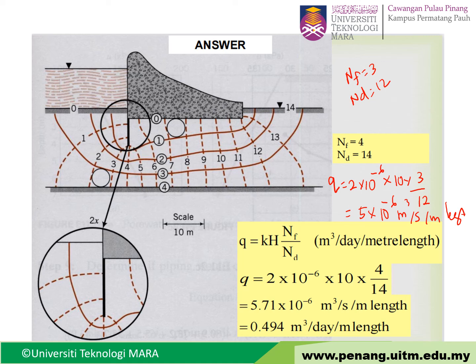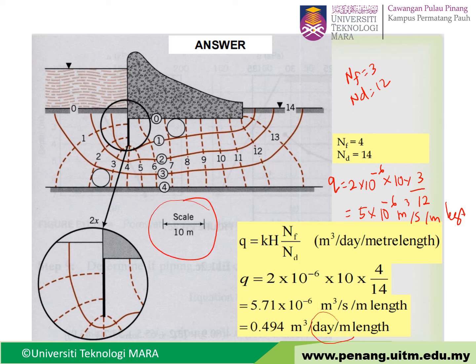So it depends on your manual drawing. And then you have to multiply with 60 times 60 to convert to meter cube per day per meter length. So you just follow the calculation and the drawing. But the most important thing is you have to know the scale.